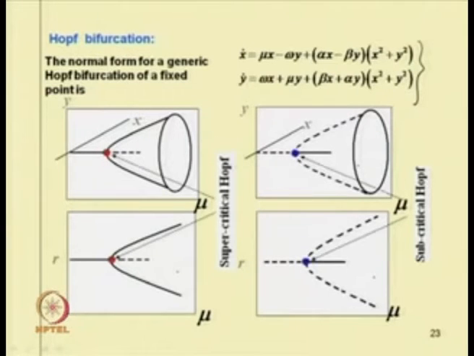Similarly, one can see in this case, from the stable branch, one obtains a non-trivial stable and a trivial unstable branch. So, at this point a periodic response emanates. So, this is a Hopf bifurcation point.